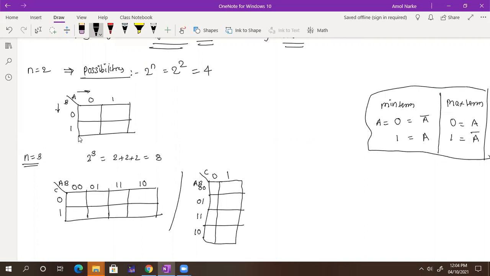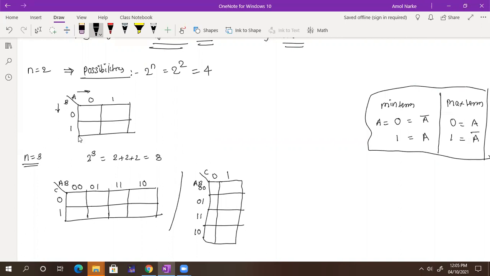This is the order you have. And for C also 0, 1. That is the standard one, 0, 1, 0, 1. We started from 0, 1, 0, 1. That is not a big deal. That is the standard one. Got it now? Yes.